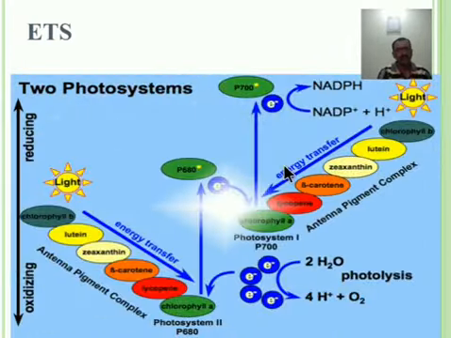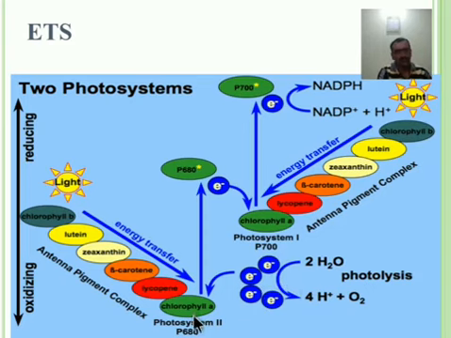Let us see in another way how this scheme looks. This is again the Z scheme. Photosystem second is here, photosystem first is here. Light energy, different light, are here. This is the photolysis of water. Four electrons come toward the photosystem second.